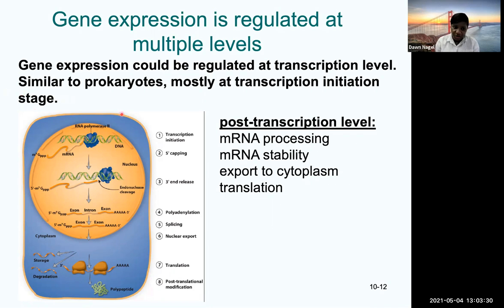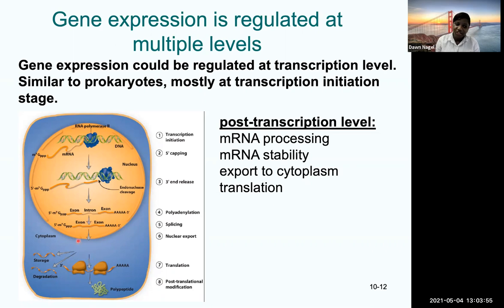But in eukaryotes, there's a range of regulation that occurs at the post-transcriptional level, and we'll talk about that in the upcoming lectures. After you make that first mRNA transcript in the nucleus, there's lots of stuff that happens before that transcript is even exported into the cytoplasm.